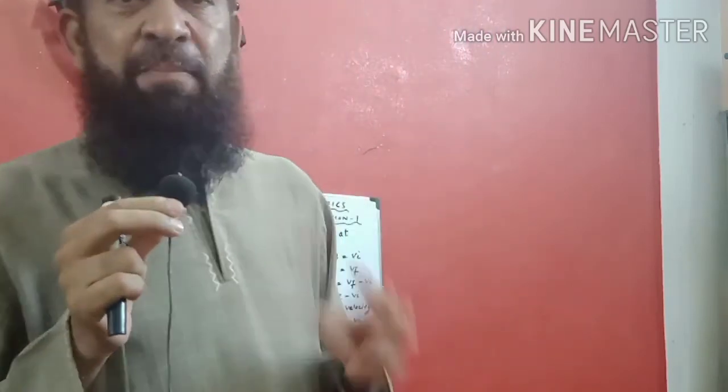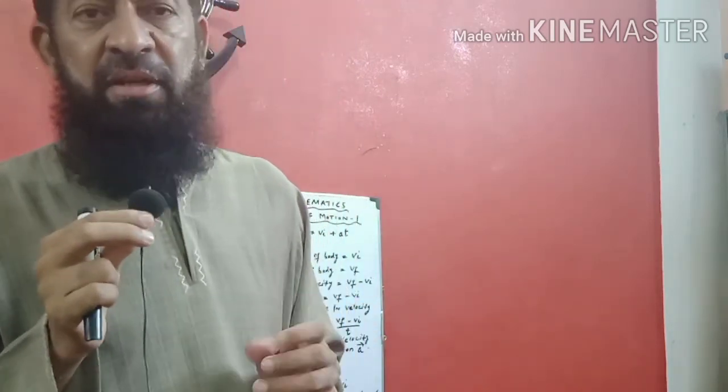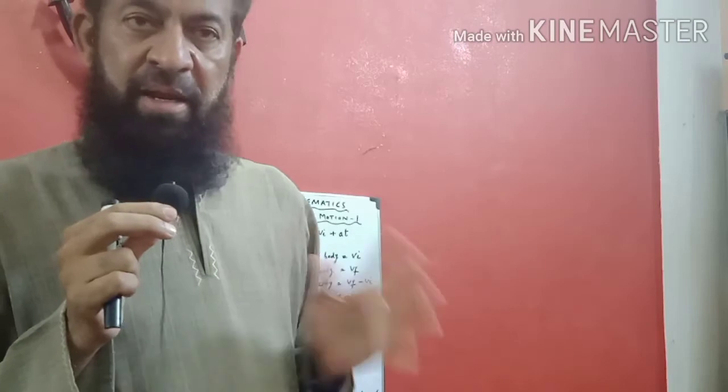This chapter, kinematics, has three basic equations of motion, in which I solve the first equation on the board, and you look at the board and try to understand what steps are involved.